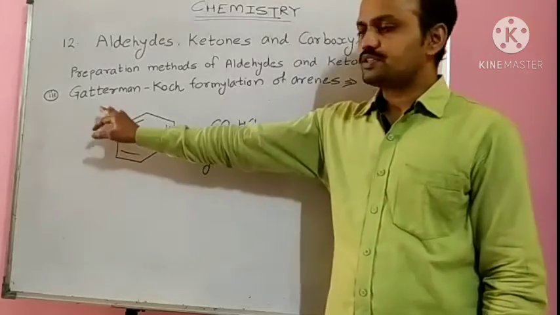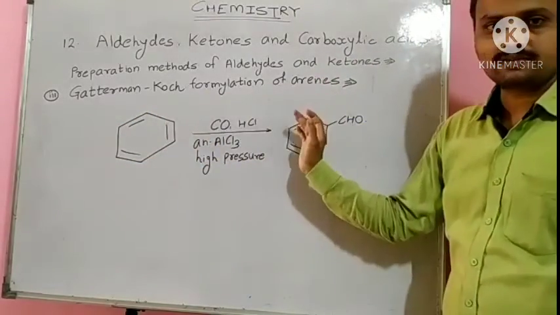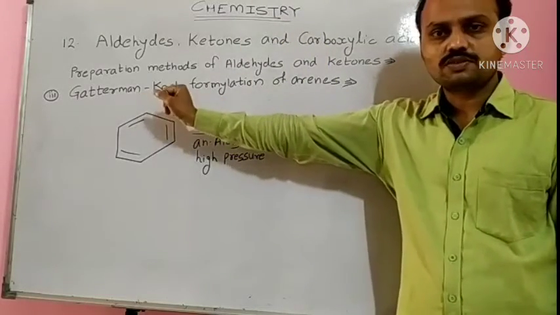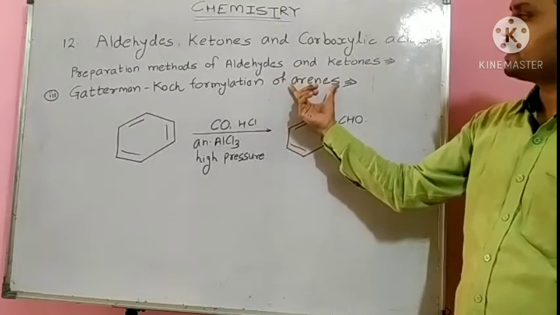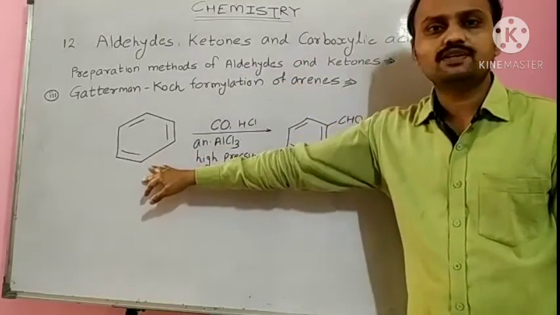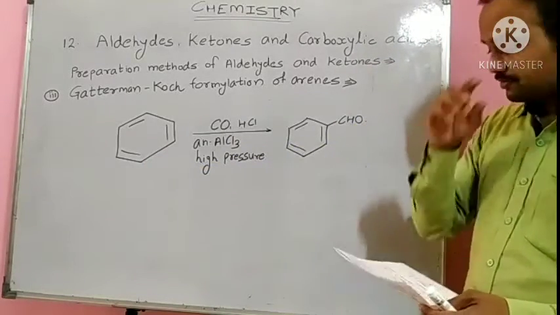The next method of preparation is Gattermann-Koch formylation of arenes. It is a name reaction, students, and from the name we can easily tell that it is related to aromatic compounds. What happens in this reaction?